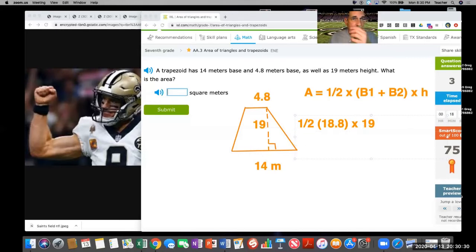Okay, so half of 18 is 9, and half of 8 is 4. So 9 and 4/10. And even though that's smaller, I'm just going to put the 19 on the bottom. Okay, so times 19. Partly because I like doing times 1 on the bottom.